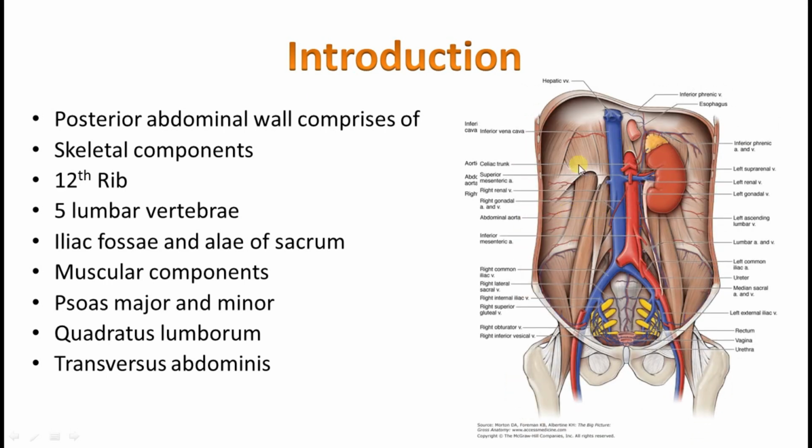And on the posterior abdominal wall you see the major vessels, the inferior vena cava and the abdominal aorta, and their branches. Then you also come across the nerve plexuses, the iliac plexus, aortic plexus, hypogastric plexus, and the lymph nodes of the posterior abdominal wall. So mainly the great vessels and the nerves are all present on the posterior abdominal wall.